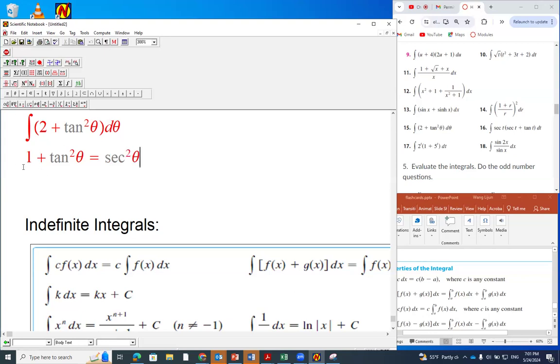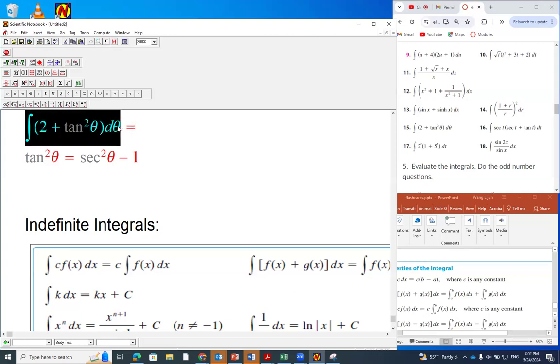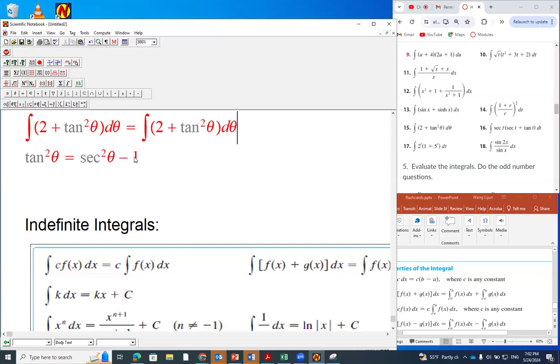We can use this identity to replace tangent squared theta by subtracting 1 on both sides. So tangent squared theta equals secant squared theta minus 1. So we can use this relationship by replacing tangent squared by secant squared minus 1.